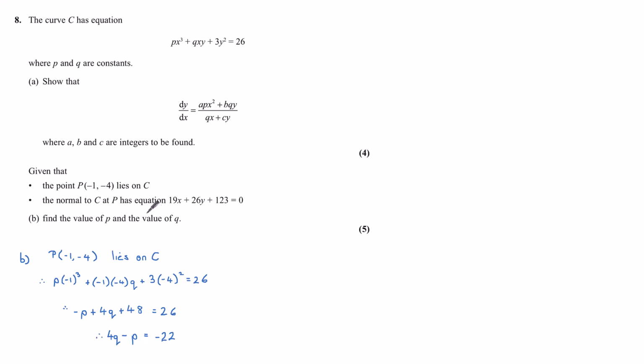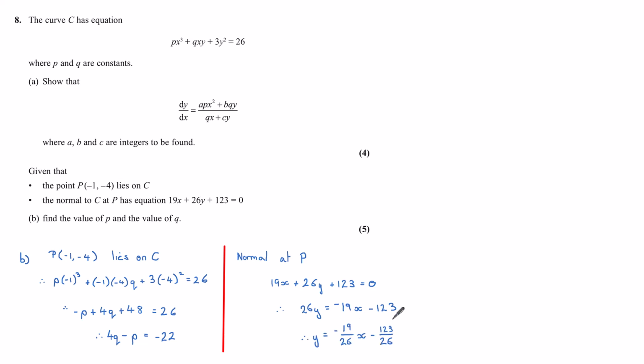Let's look at our second piece of information, which is that the normal to C at P has an equation of 19x plus 26y plus 123 is equal to 0. The gradient of the normal at this point is the negative reciprocal of the gradient of the tangent at this point. If we rearrange to get it in the form y equals mx plus c, subtracting 19x and 123 from both sides gives 26y is equal to minus 19x minus 123.